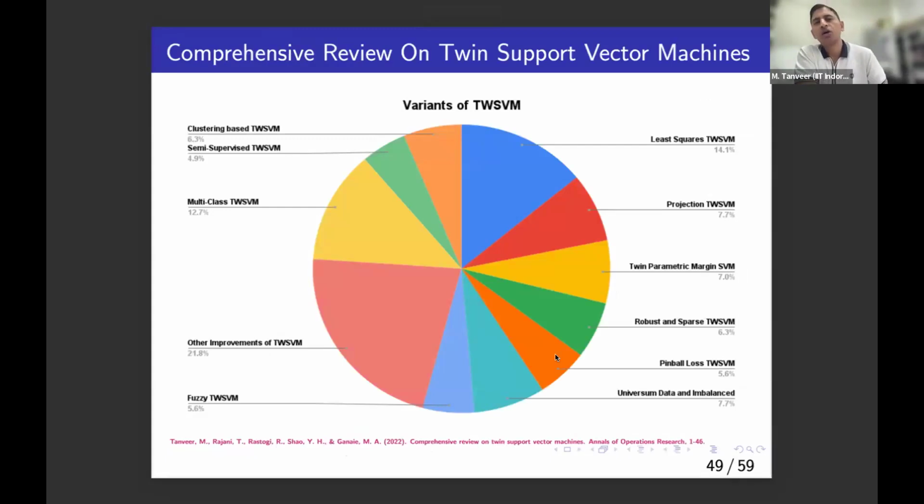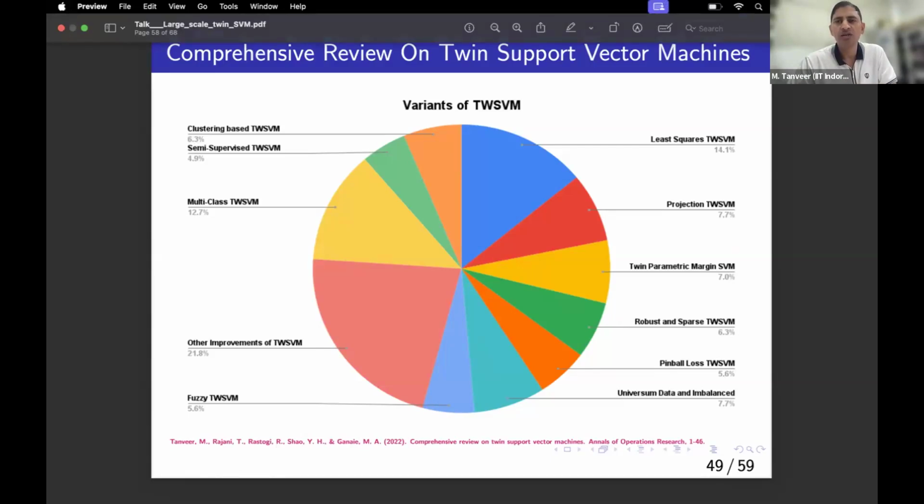Now, I have discussed a lot about twin support vector machines. This twin support vector machine started in 2007, around 17 years ago. So a lot of improvements have been made in recent years.